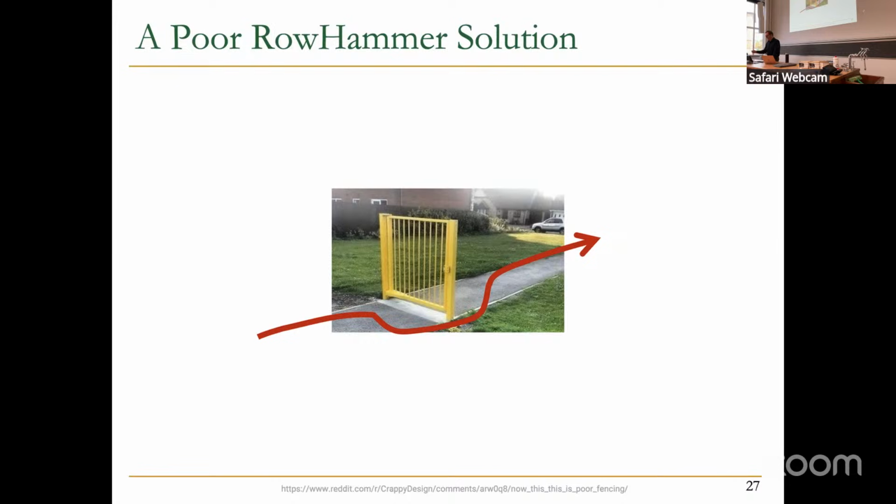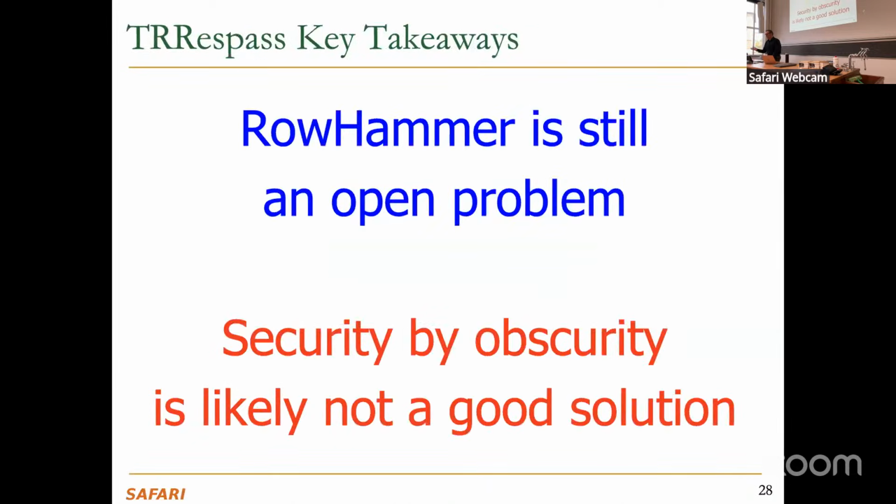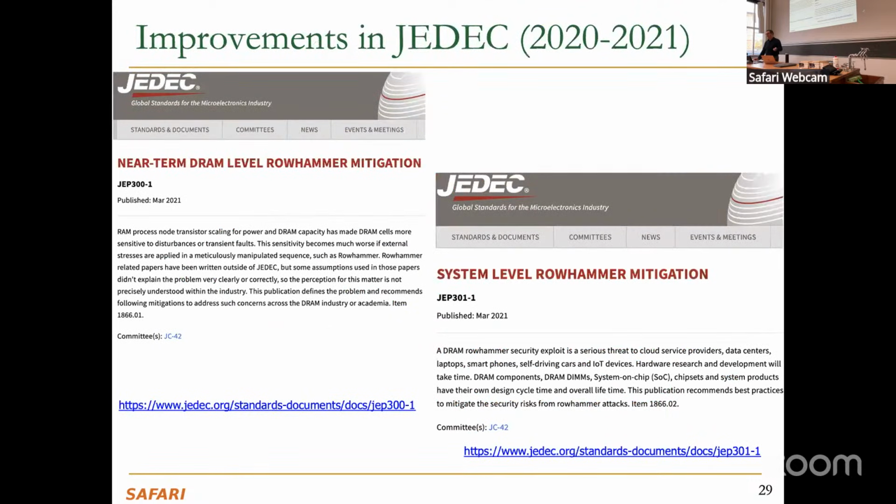Right? So it's good to think about that. So basically, TRRespass showed that RowHammer is still an open problem, and security by obscurity is not a good solution in the end.